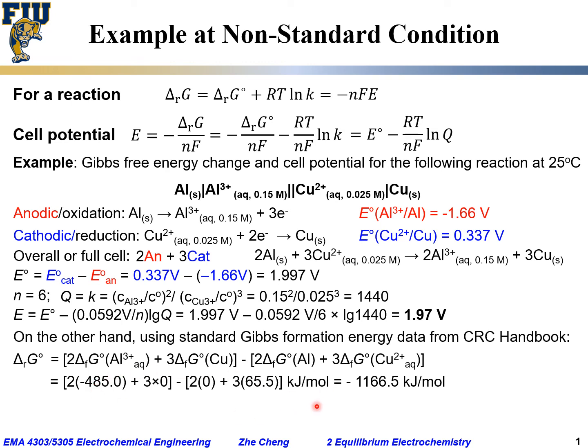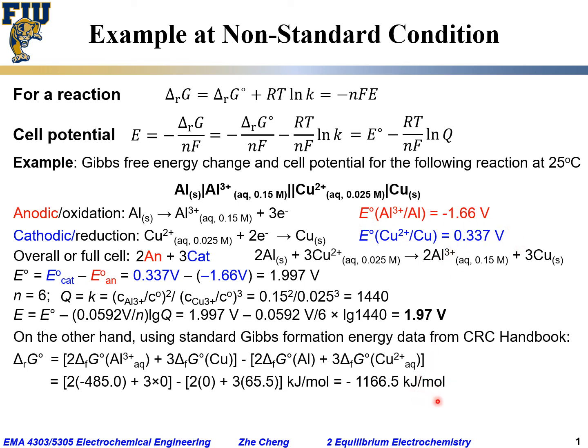And then after you put the numbers in, the reaction free energy change for this reaction from aluminum metal with copper ion to form aluminum ion and copper will be minus 1166.5 kilojoule per mole.